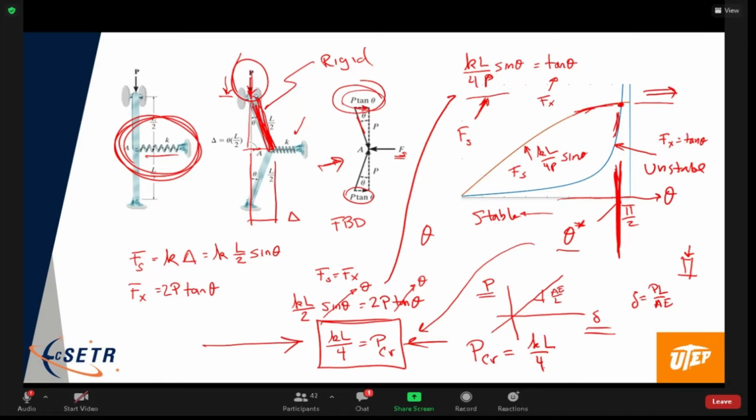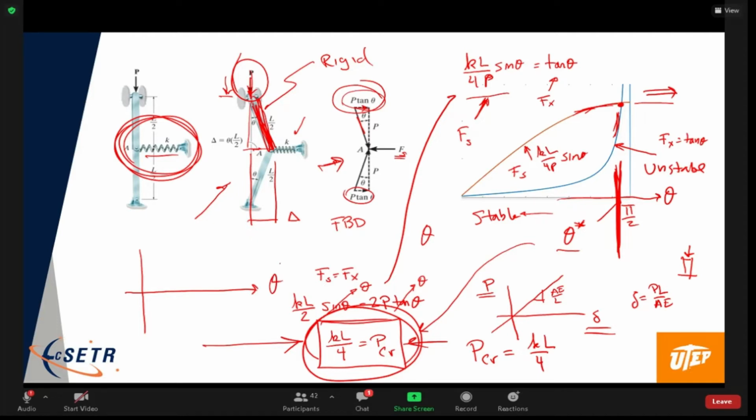So we have this critical phenomena, right? The buckling load is like a bifurcation. Like if we were to practically plot force deflection for this beam case, if we were to take this case here and plot force deflection, or let me use theta here, because theta basically is a measure of the deflection, right?